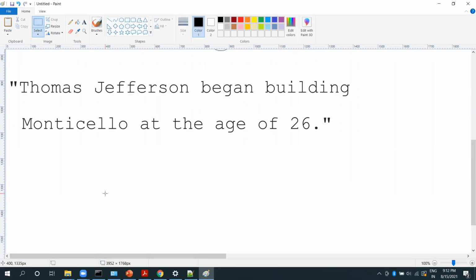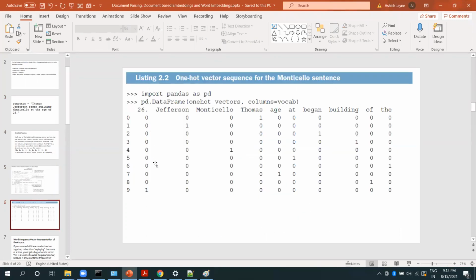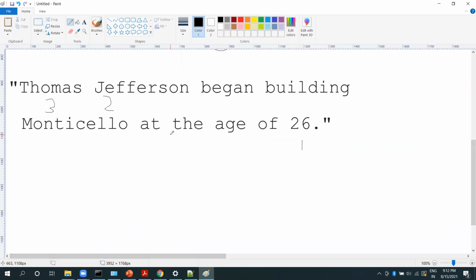The way it sorts words is numbers come first, then come the capital letters J, and then I think, okay, not T. After J comes M, and this is how we, okay.